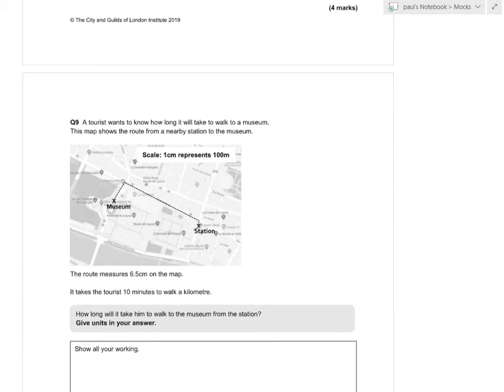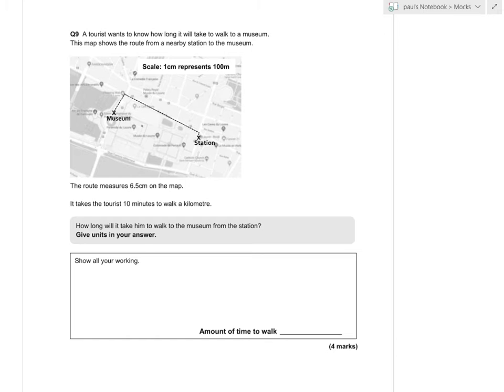A tourist wants to know how long it would take to walk to the museum. The route measures 6.5 centimeters on the map, and it takes a tourist 10 minutes to walk a kilometer. How long would it take him to walk to the museum? So 1 centimeter is 100 meters.